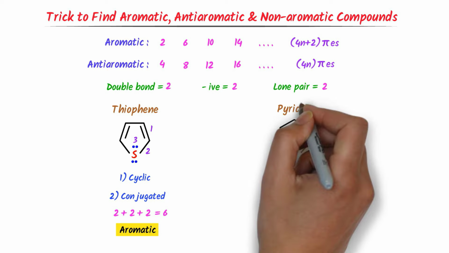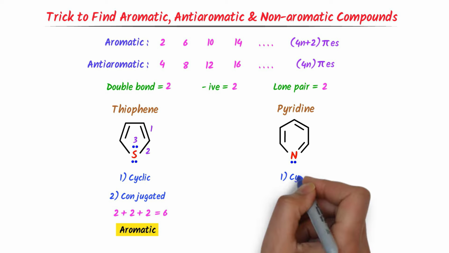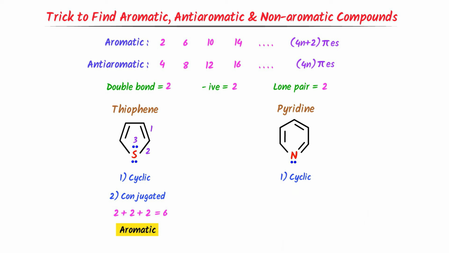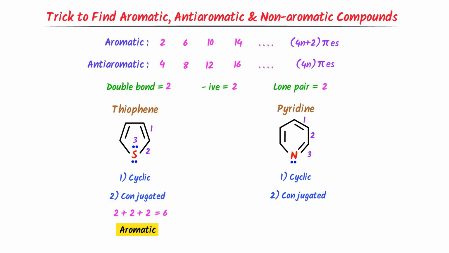Lastly, consider pyridine. Pause the video and try to find it. Either it is an aromatic compound or an anti-aromatic compound. Well, it is a cyclic organic compound. Secondly, this lone pair of electrons is outside the ring, so we do not consider it. We can see that it is a conjugated organic compound. There are 3 double bonds.